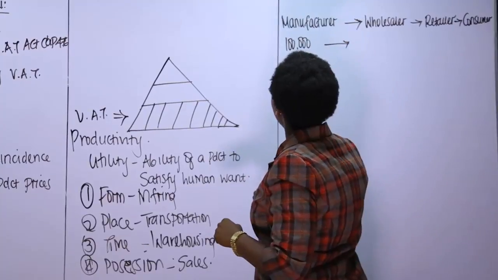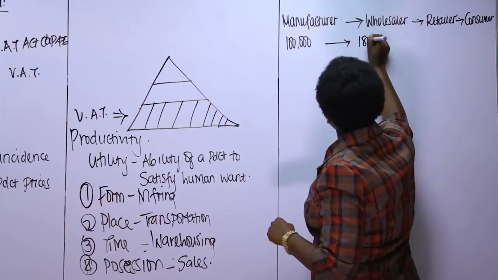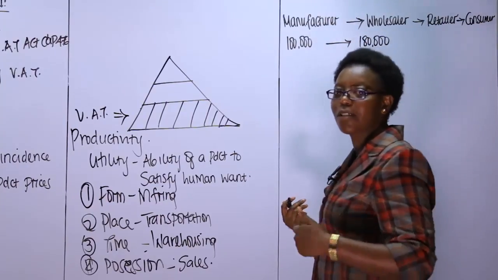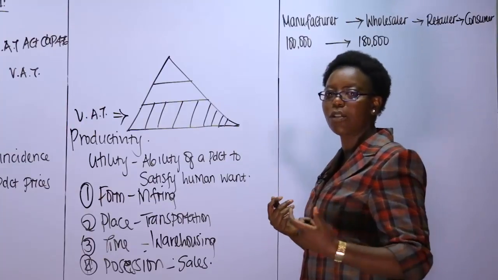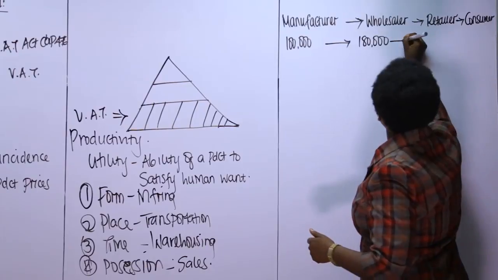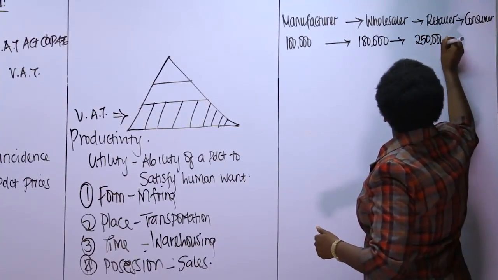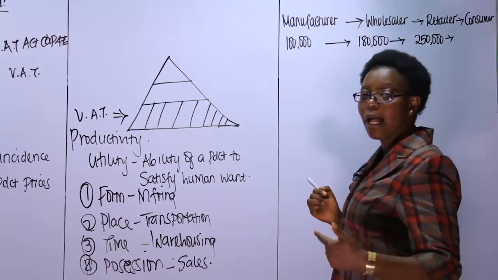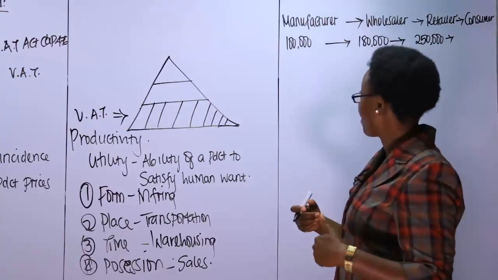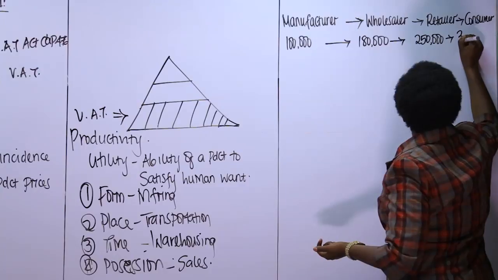Sells to the wholesaler at 180,000. The wholesaler stores those goods, breaks the bulk on those goods, packs, rebrands, and sells to the retailer at, let's say, 250,000. The retailer further breaks the bulk, stores the goods, transports from the wholesaler to his premises, and later sells to the customer at 300,000.